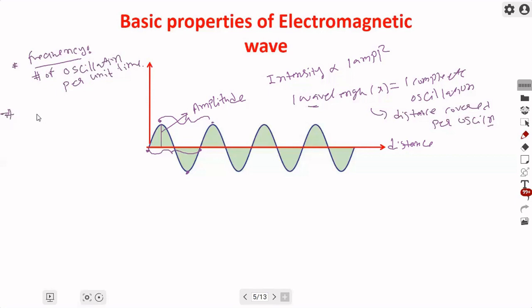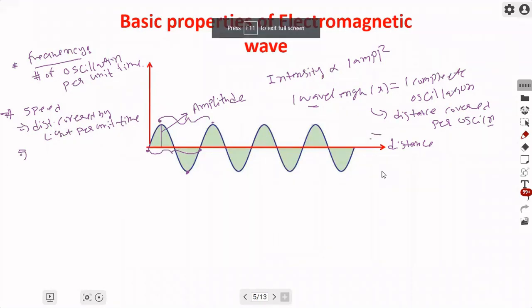How can you define speed? It is the distance covered by light per unit time. In per unit time, how many oscillations are there? That's its frequency. So speed is the distance covered by light per unit time.